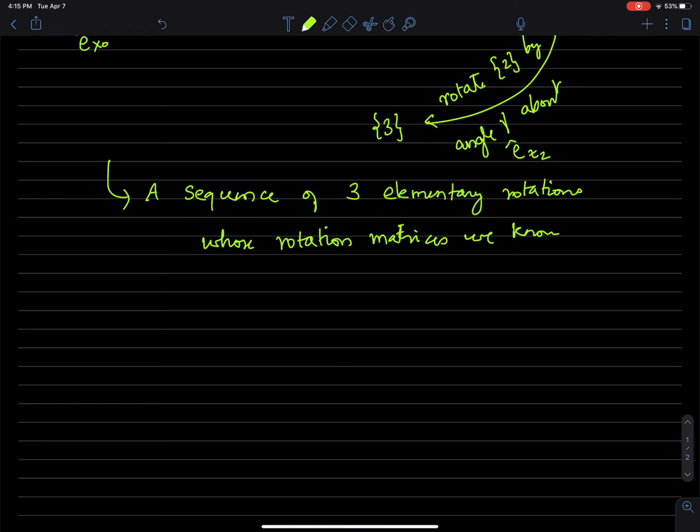We've already written them down in an earlier lecture, so we know this. We know 1 to 2, and we know 2 to 3.